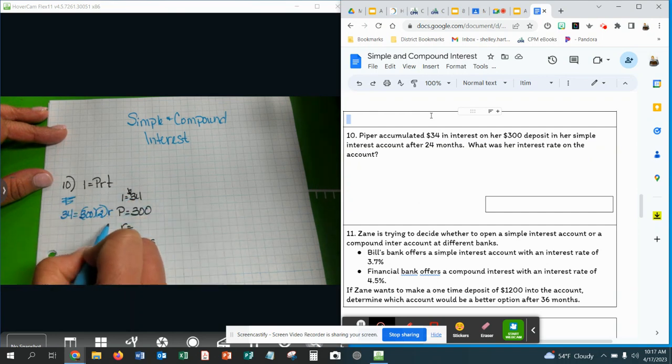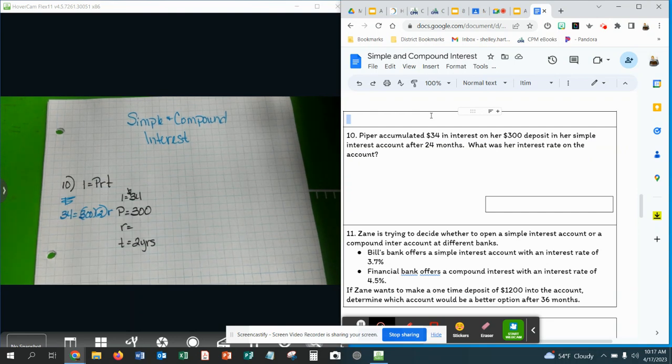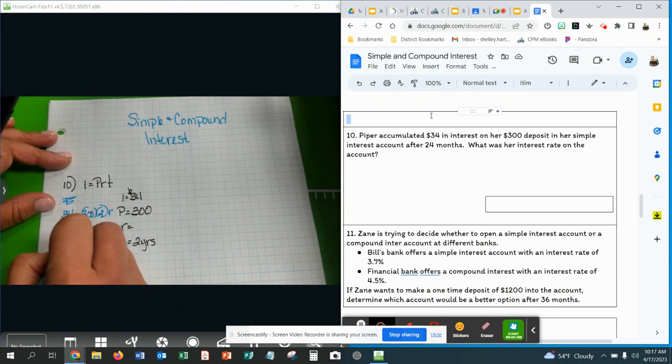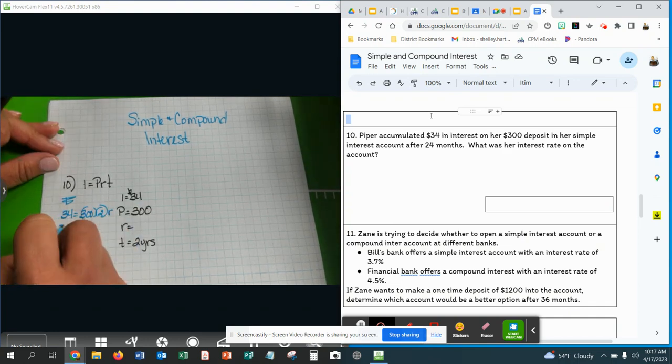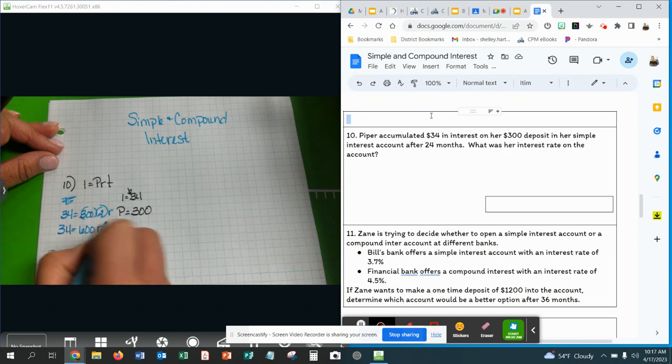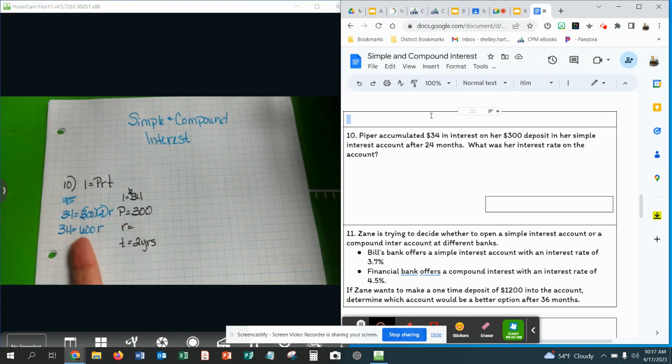So I've put in our R. What we need to do is multiply 300 times 2, which is 600. So 34 equals 600 R.